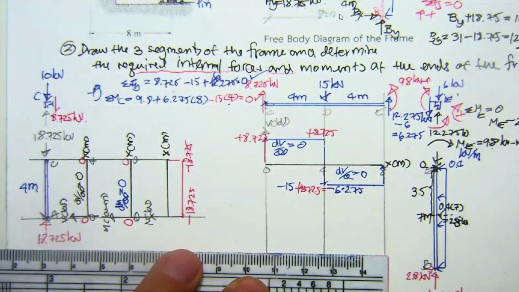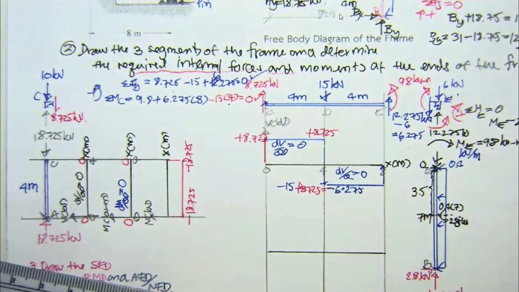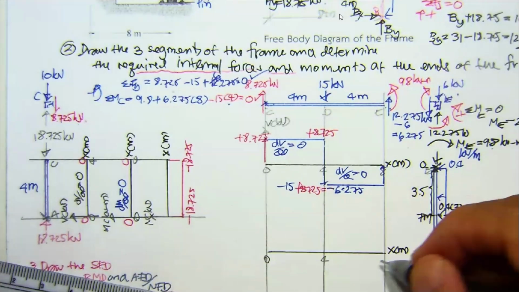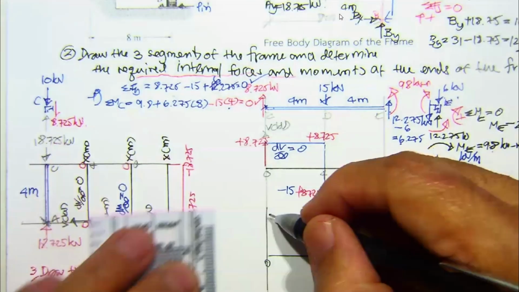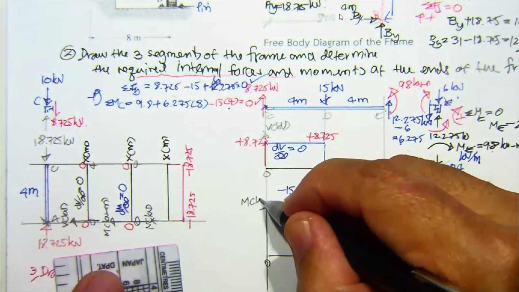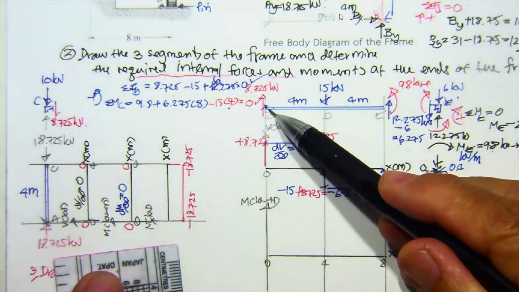Now, come to the bending moment diagram. We have x meter again and 0, 4, 8, and this is going to be our M kilonewton meter axis. So starting from C, no moment.